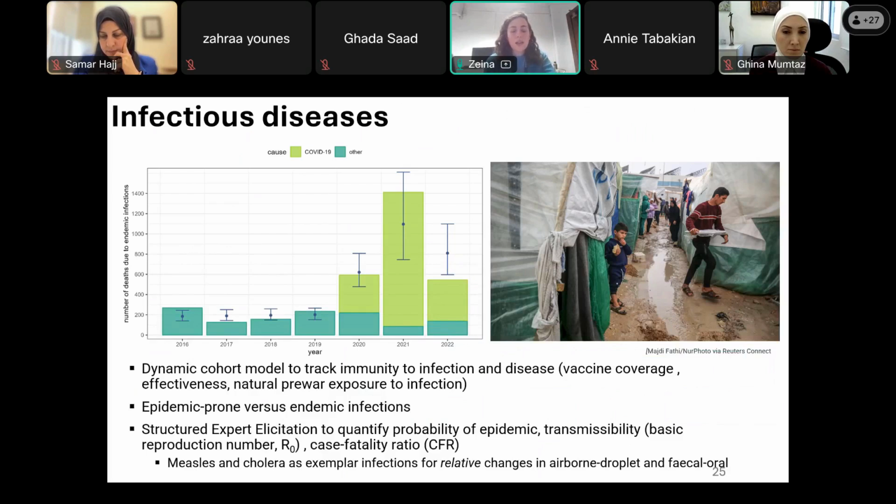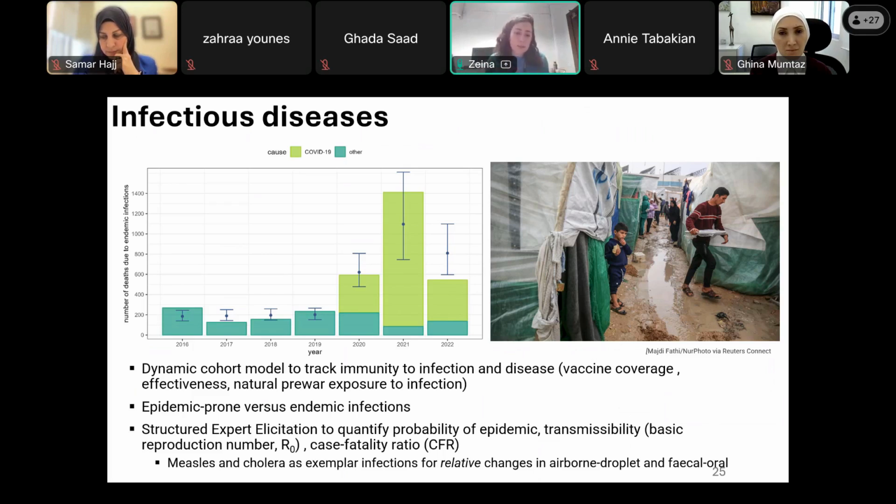The first thing that was done was a dynamic cohort model to track immunity, to understand how much vaccination is decreasing and how much this is going to lead to increased infectious diseases. The idea really is that Gaza had 100% vaccination, and so it is decreasing and immunity is changing. And so we did that dynamic model.